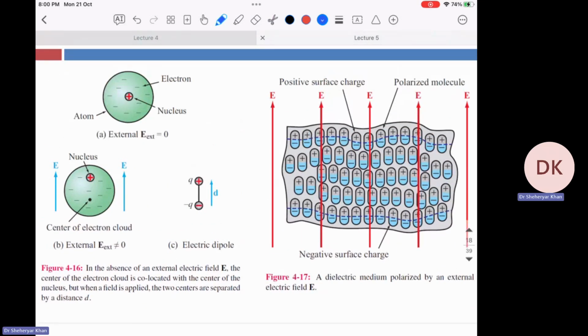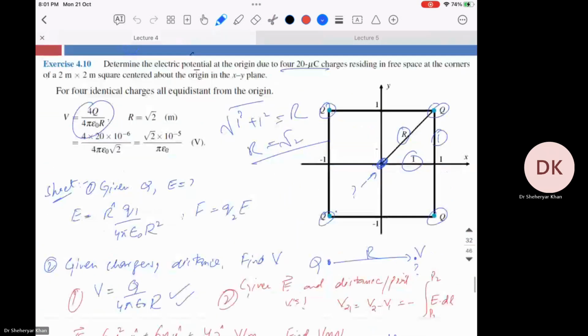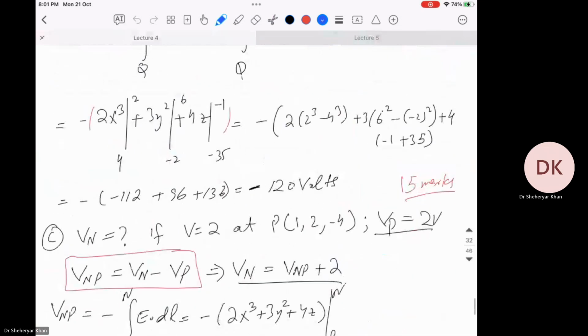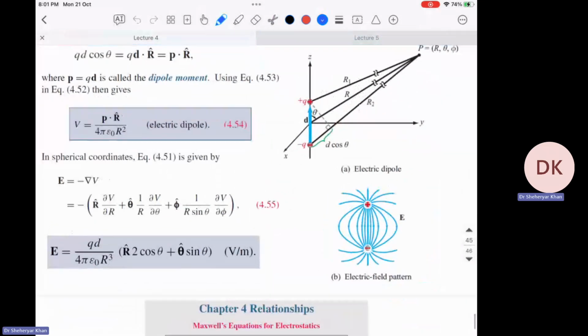that now there are two electric fields. One is the external, and one is the internal electric field that is produced due to the polarization. This one is the electric field due to the dipole.